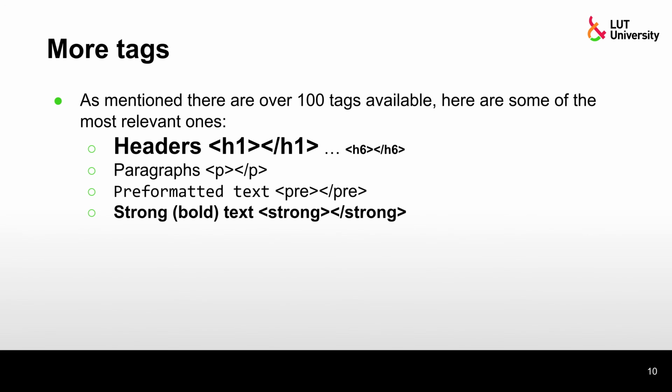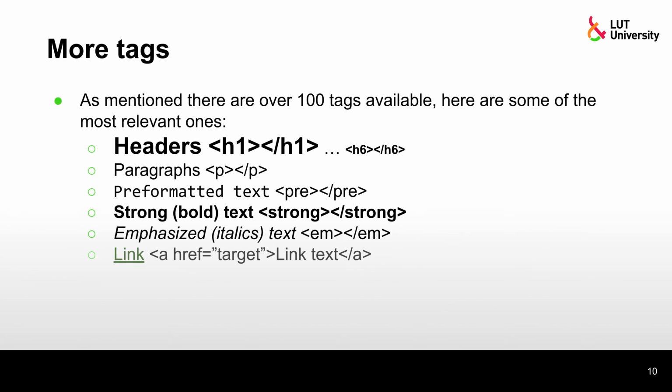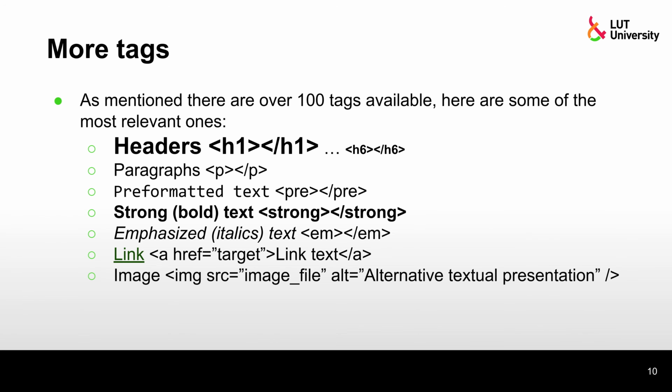If you need bold, strong text, you use the strong tag. If you need emphasized, also known as italic text, you use the em tag. And then there is a way to build a link as seen before. So A is the correct tool for that. We can show image files in the web page, and we can have line breaks.